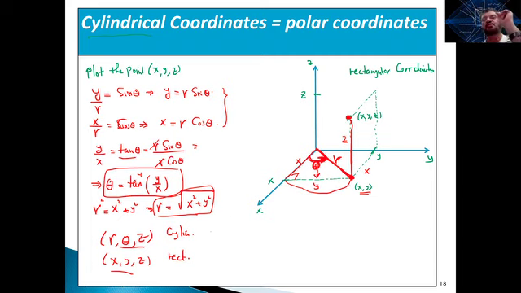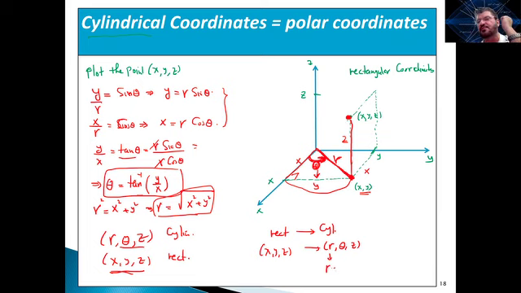So how do we go from cylindrical to rectangular? Very easy. Sorry, how do you go from rectangular to cylindrical? So we say rectangular to cylindrical. The rectangular is x, y, and z. The cylindrical is r, theta, and z. How do I go from here to here? It's easy.